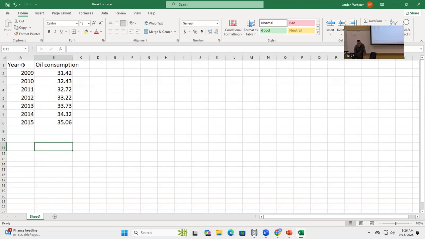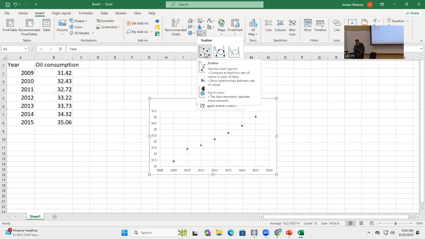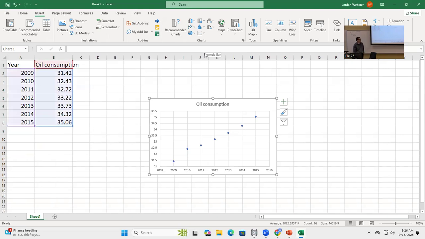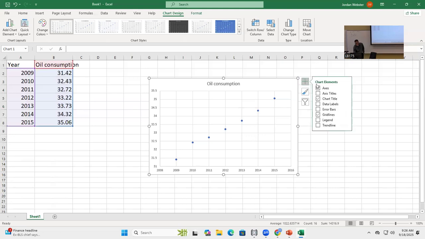And all I have to do, there's actually two ways to do this. I'll do the easy way. I'll insert a scatter plot. There it is. Looks familiar. And then I'll ask Excel to put a trend line on this.